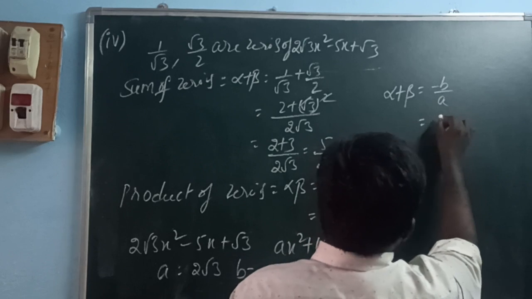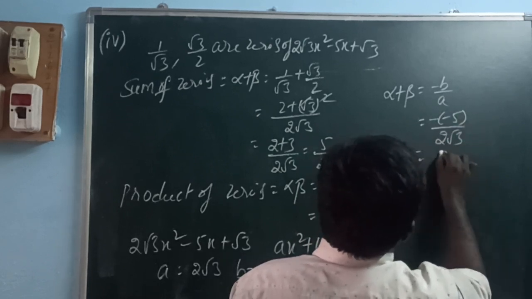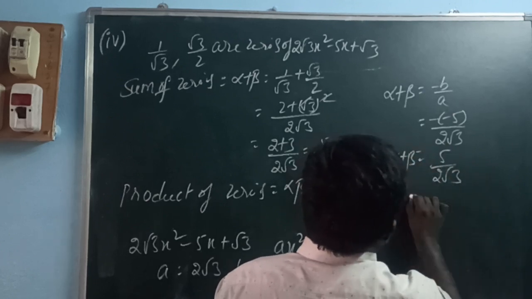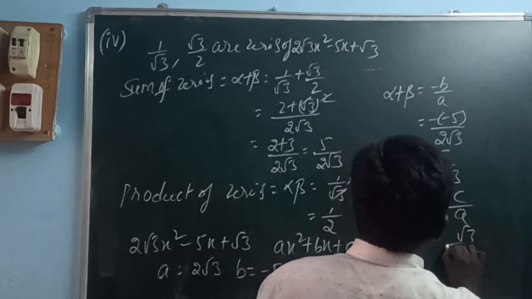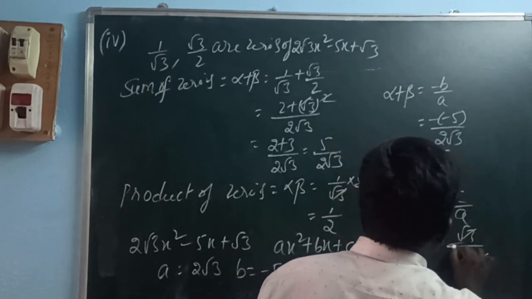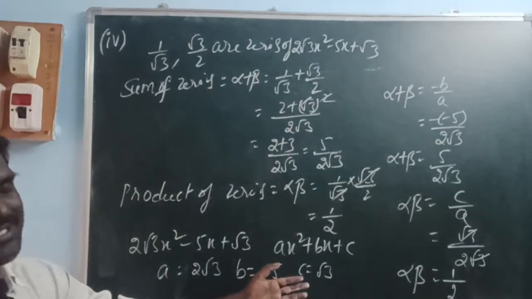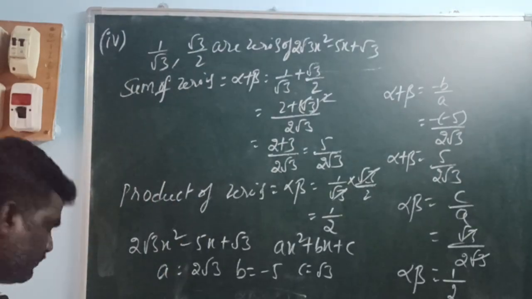Here b is minus 5, minus of minus 5 by 2 root 3. So minus minus plus, 5 by 2 root 3, alpha plus beta. Next, alpha into beta is c by a, that is root 3 by 2 root 3. Root 3 cancels, that is 1 by 2. So alpha into beta is equal to 1 by 2. This is the relation between zeros and coefficients of a given quadratic polynomial.